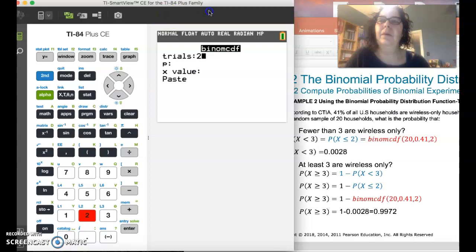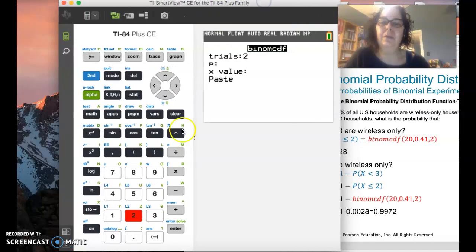Oh, my calculator is so adamant with the 0. Okay, let's try 23. All right, clear. 20. Yes. Enter. And the probability is 0.41. It did not change. And enter.